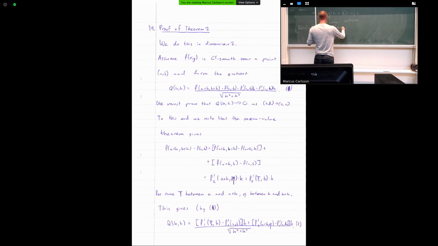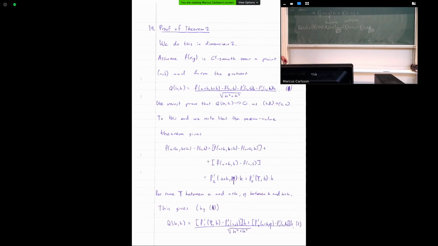Similarly, with the second variable, I get f prime y at a plus h comma eta minus f prime y at a comma b, times k. And all of this should then be divided by the length of h comma k, which I can put here.